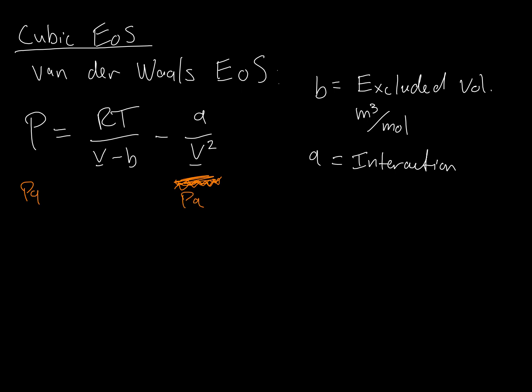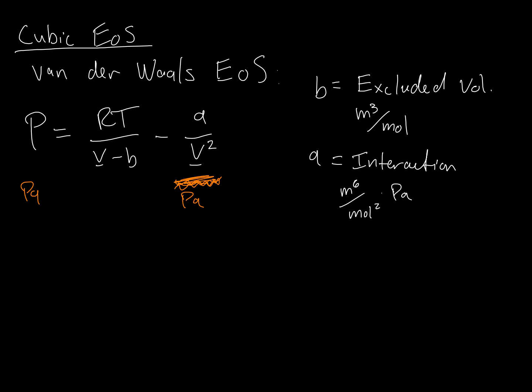This is a pascal. So that means A units has to be meters to the 6th, moles squared, times Pascal, if I did my math right. Because V has units of meters cubed per mole, square that, meters 6 per mole squared. That has to cancel out with the A, and then A also has to deliver units of pressure.